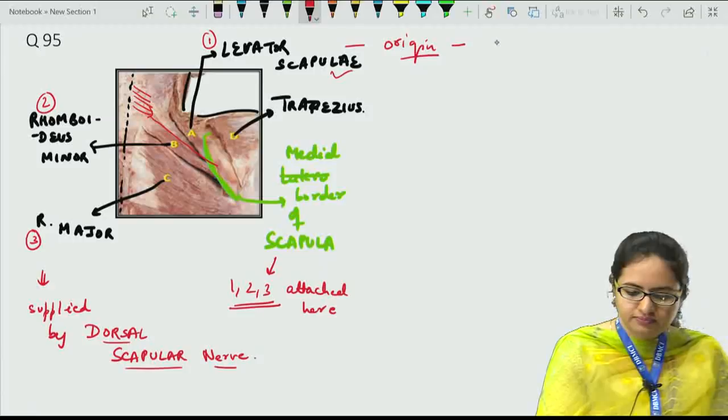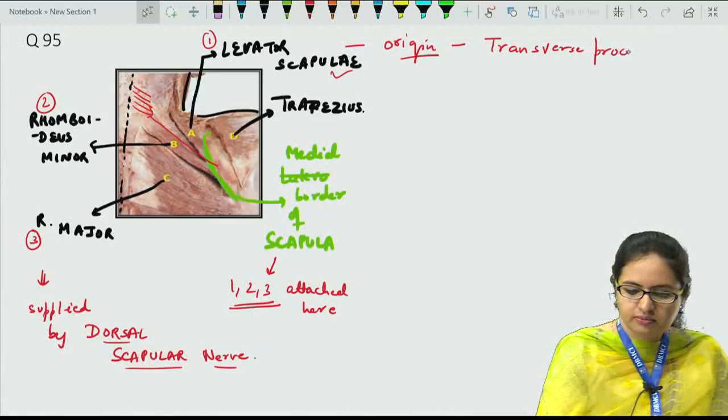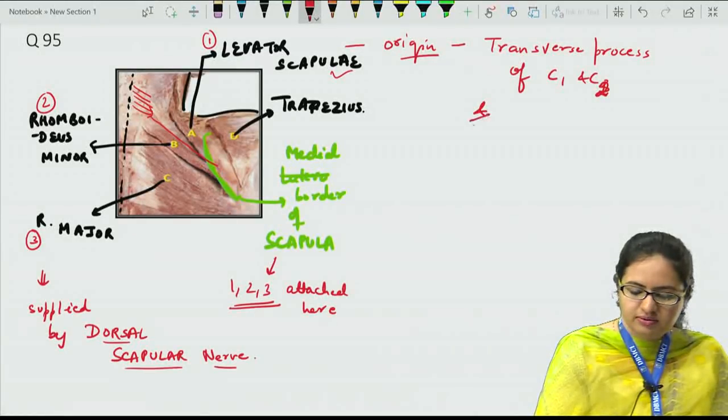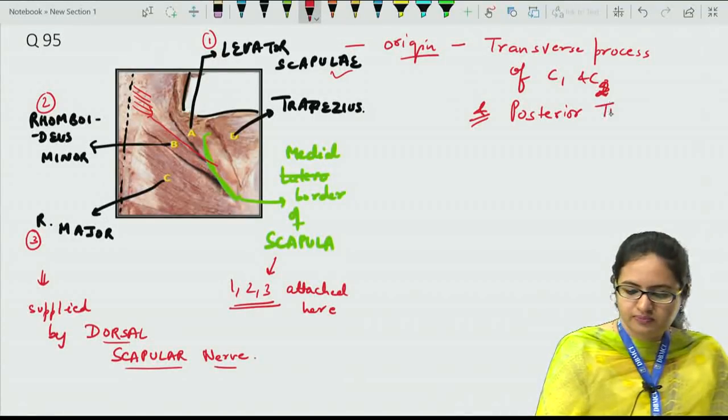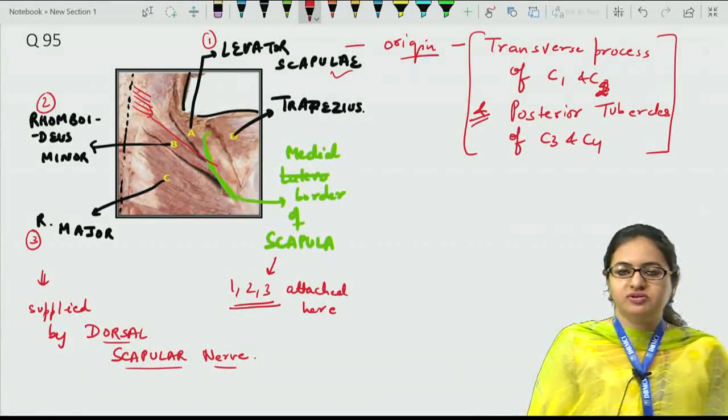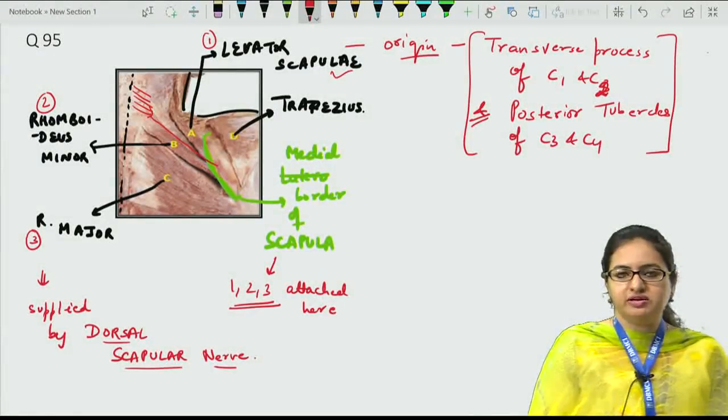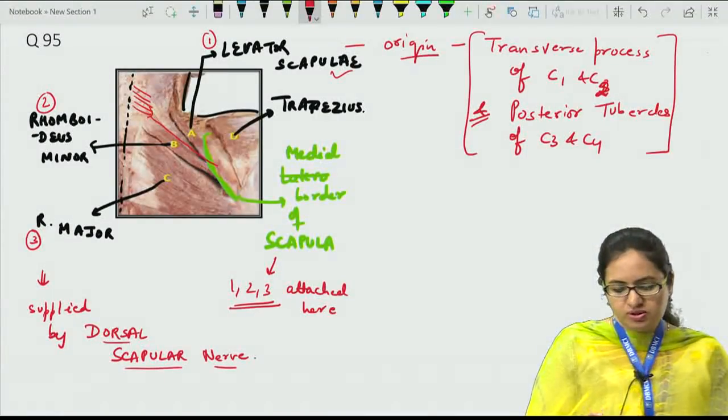The origin of levator scapulae is from the transverse processes of C1 and C2 and the posterior tubercles of C3 and C4. So the origin is from the upper four cervical vertebrae, and then it goes towards the medial border.